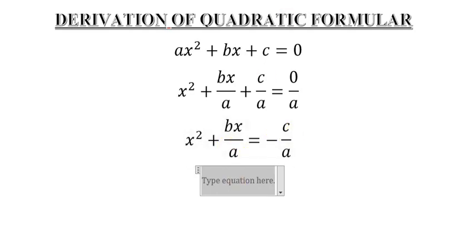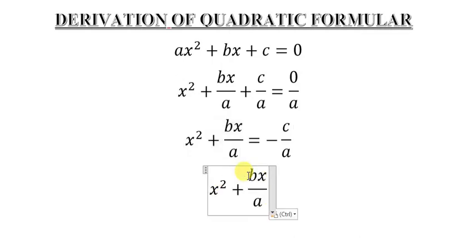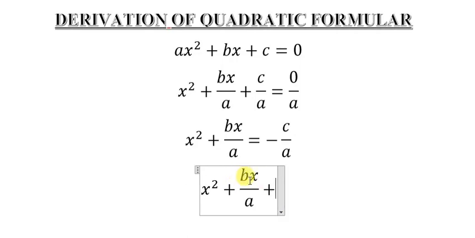So our x is still present, that is, we have x squared plus this same term coming back, and we add the square of half the coefficient of this x.